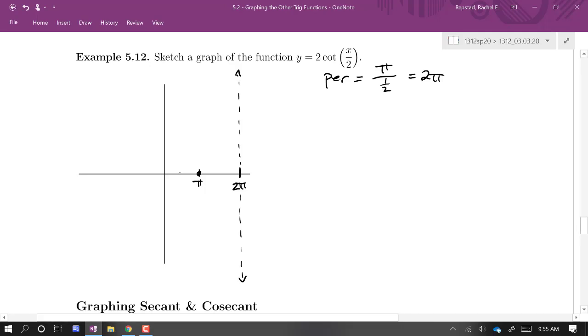And then at the quarter marks, pi over 2 and 3 pi over 2, is where it hits the value of the coefficient in front of the function. I don't want to call it amplitude. That value is 2, here it is a negative 2. And then we draw the cotan curve.